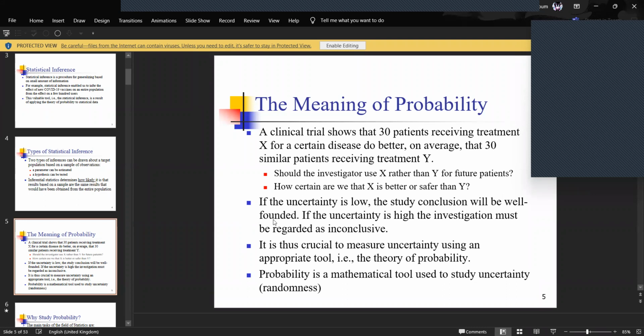If the uncertainty is low, the study conclusion will be well-founded. If the uncertainty is high, then we have to do more studying. So it's crucial to measure uncertainty using an appropriate tool. We call that tool the theory of probability. Probability is basically just us studying randomness.